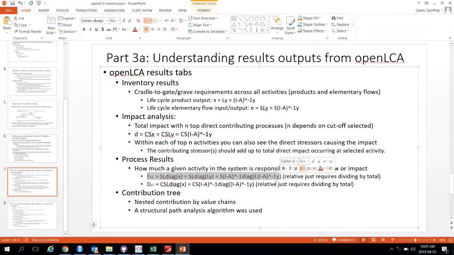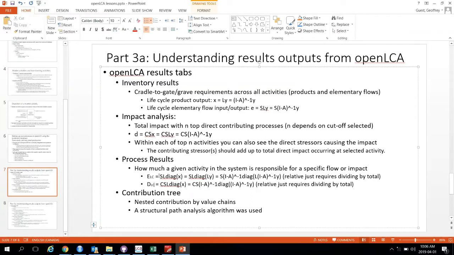Basically what you do is you calculate the total output, and then you diagonalize it, and then you recalculate it.